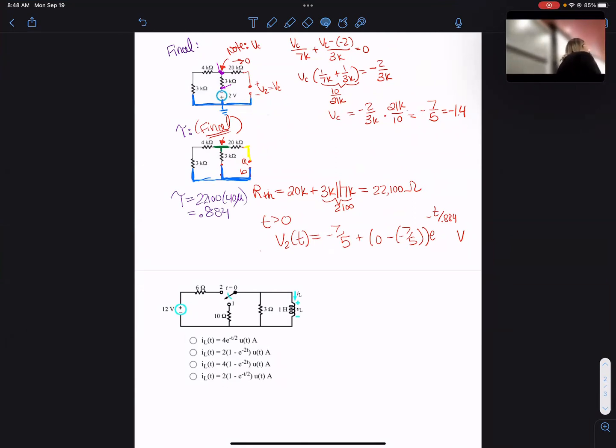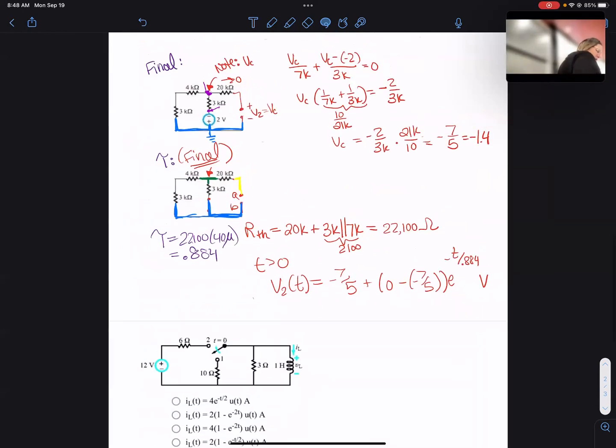I was trying to use a divider to find... You were trying to find a what divider? A voltage divider? Use a voltage divider, let's say.